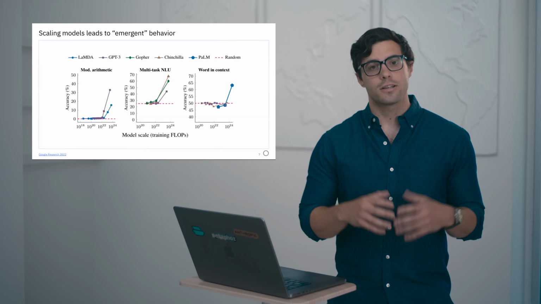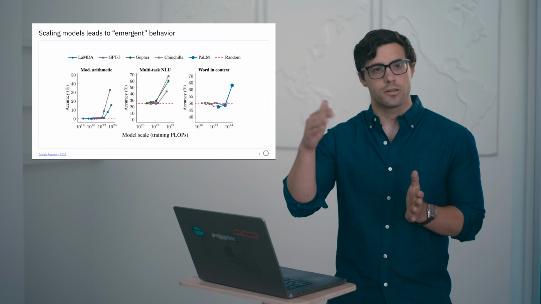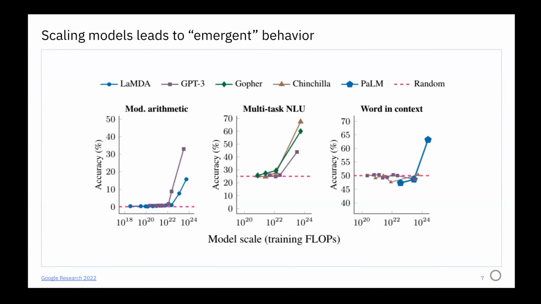And what researchers started to observe is that as you scaled models to larger and larger degrees, you started to see emergent behavior emerge. Here I have a couple graphs of different behavioral traits you might ask a model to do. On the left, we have, for example, how well a model performs certain arithmetic tasks. In the middle, we have a graph of how a model might perform certain natural language understanding tasks. The x-axis here is how much compute, how large the model is.